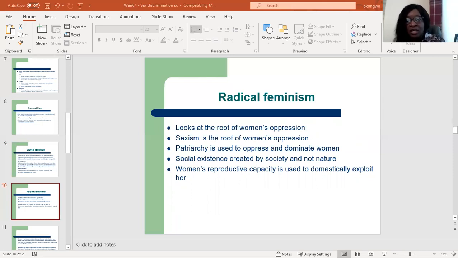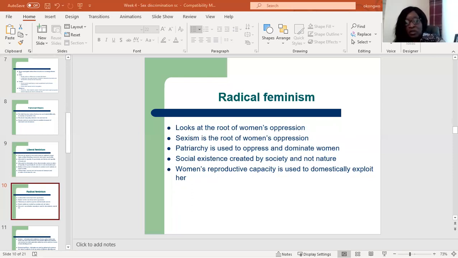So if we need to change any of this, we have to have a change in our mindset and what we think women are. They also think that a woman has a right to be autonomous and not be subordinated using patriarchal structures, such as law, religion, or the family.